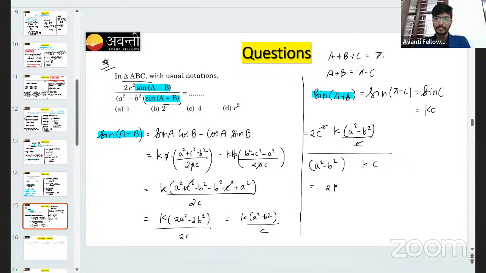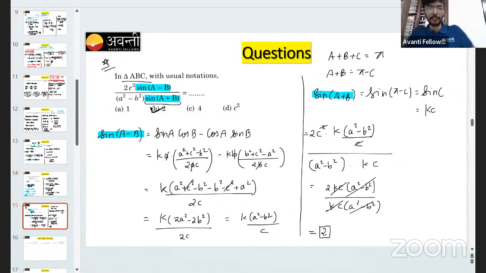I get 2kc a square minus b square upon kc a square minus b square, and you got your answer. Kc, a square and b square cancel. I'll get 2. This is my answer, option B.